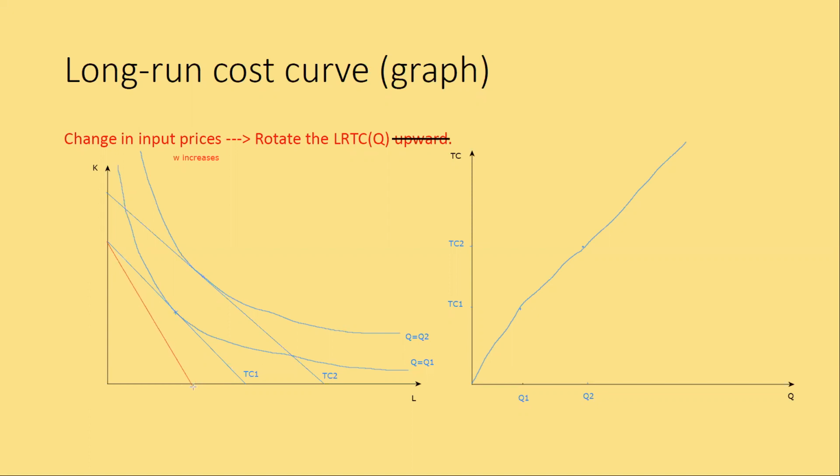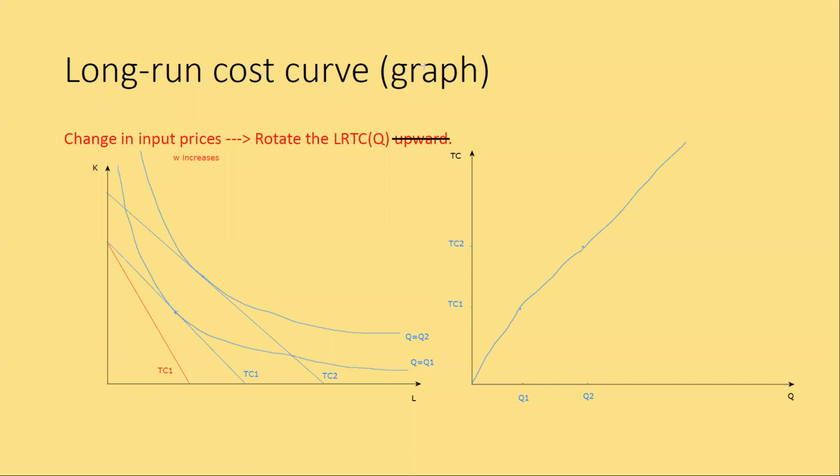For the same value of TC1, it's going to become a steeper isocost line. If the firm continues to use the same TC1 amount of total cost, we can see that the firm is no longer able to produce Q1 units of output, right? No point on our TC1 isocost line touches our isoquant Q equals Q1, because now the price of labor has become more expensive.